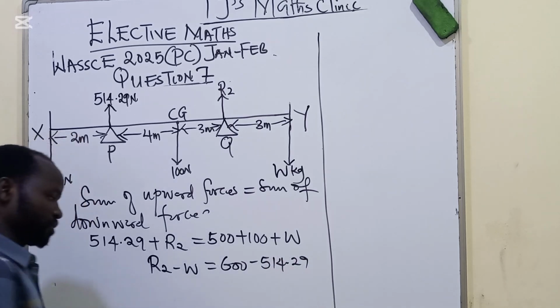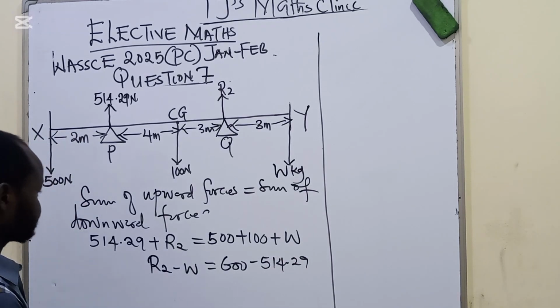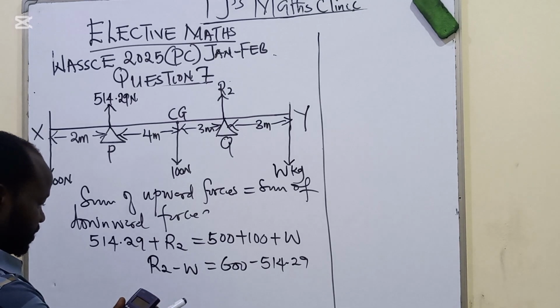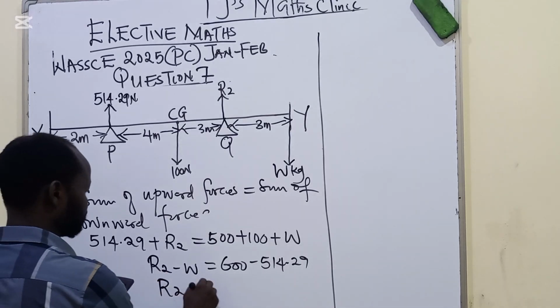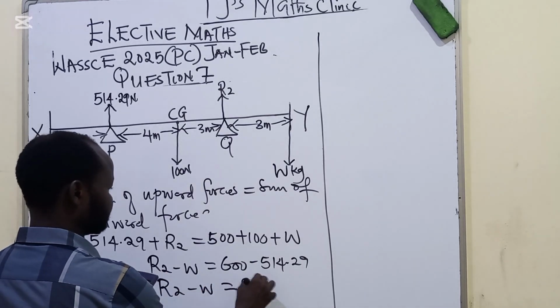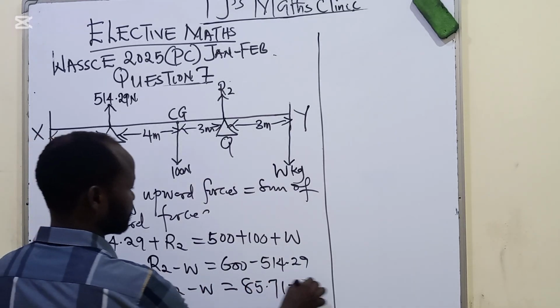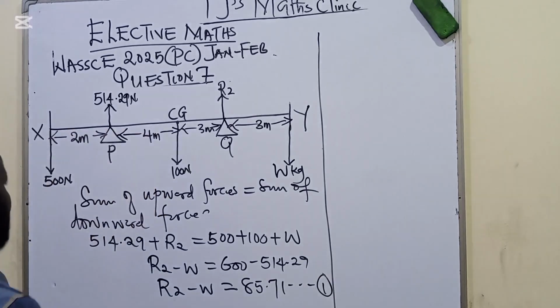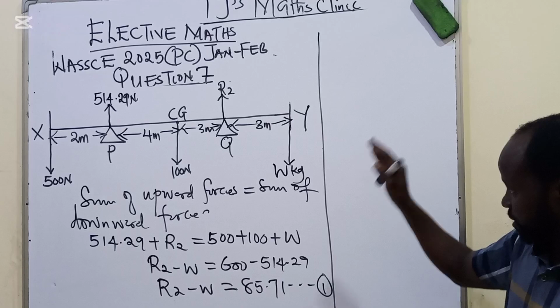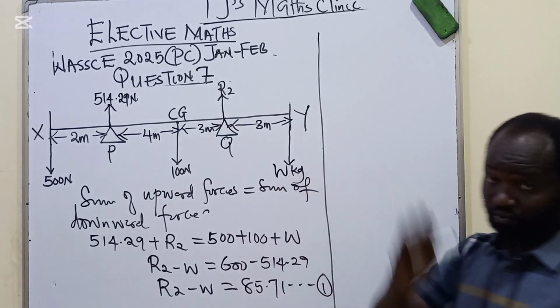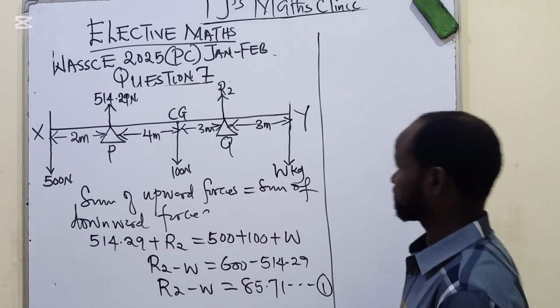This will lead to equation 1, of course. 600 minus 514.29, what are we going to get? 85.71. So R2 minus W will be 85.71. This will now be our equation 1. So it means the sum of upward forces is equal to the sum of downward forces.